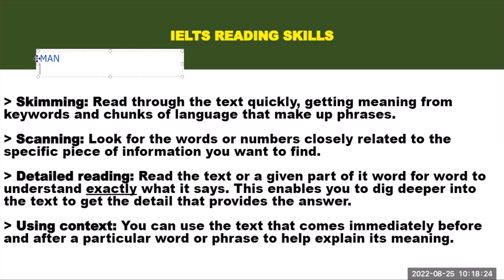And don't forget we are looking at the word man. Now in sentence one, we want to use man in a sentence. John is a man. That's sentence number one.